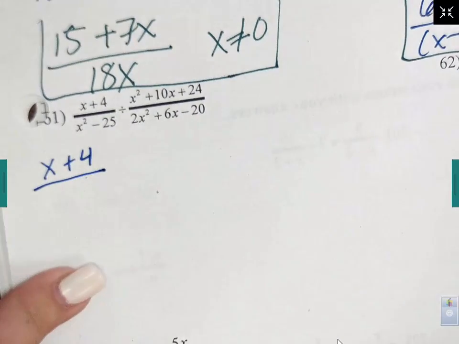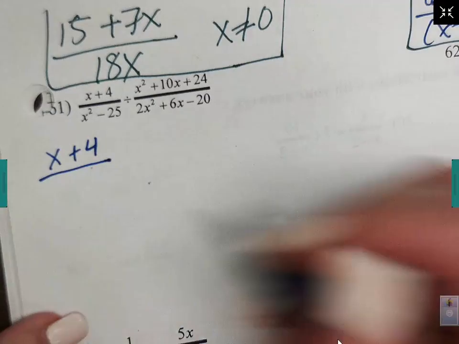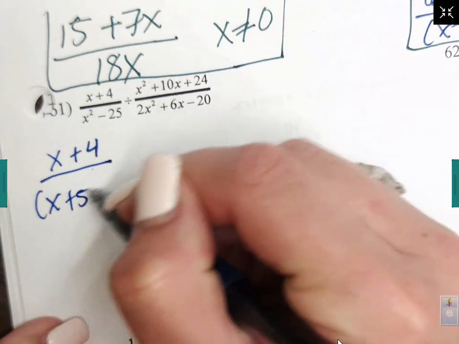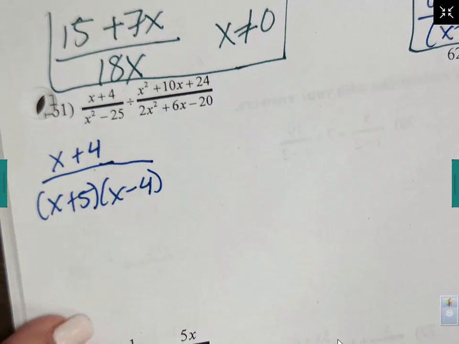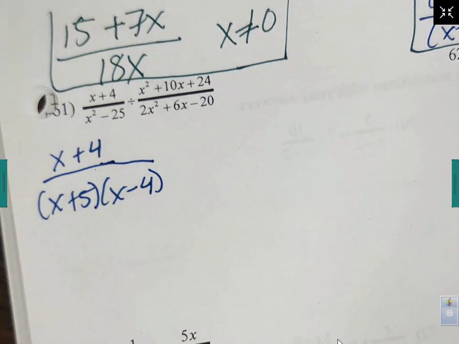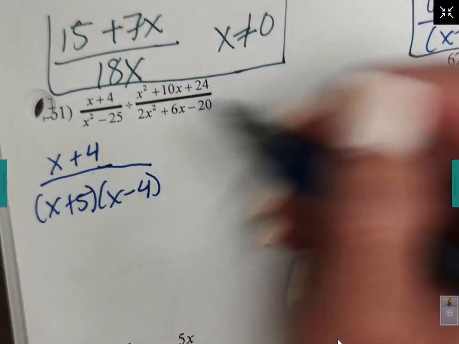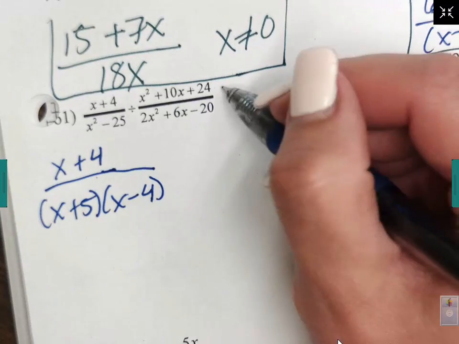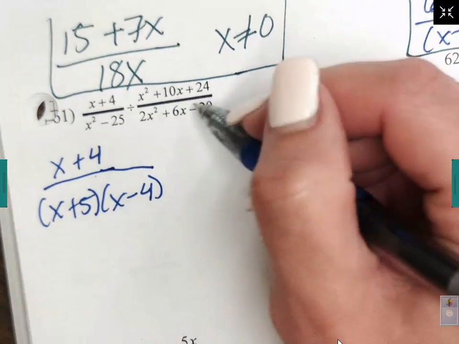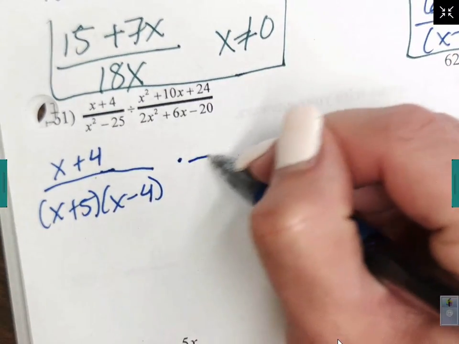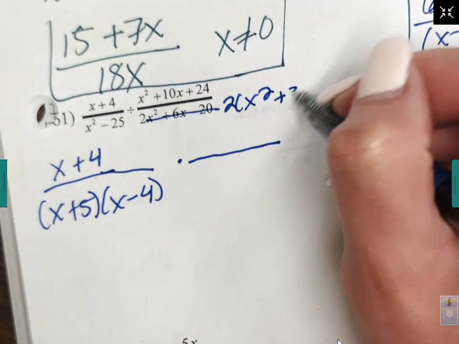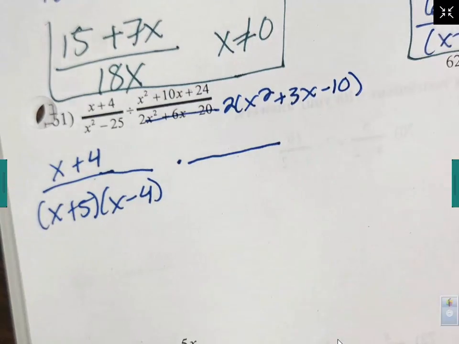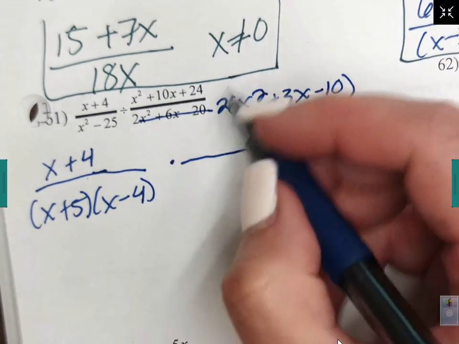So how do you factor x squared minus 25? X plus 5 times x minus 5, okay? Now, remember when we're dividing by a fraction, it's the same as multiplying by its reciprocal, right, Sam? So we're going to move this guy up here. And this just becomes 2 times x squared plus 3x minus 10. How do we factor that?